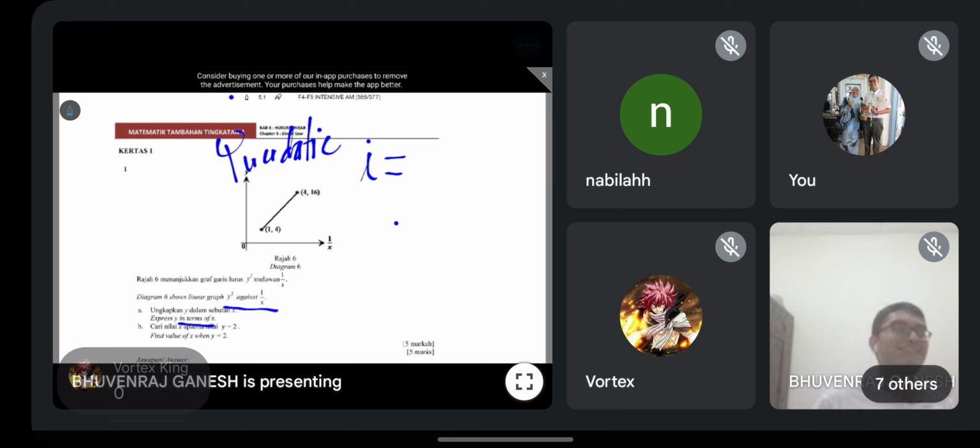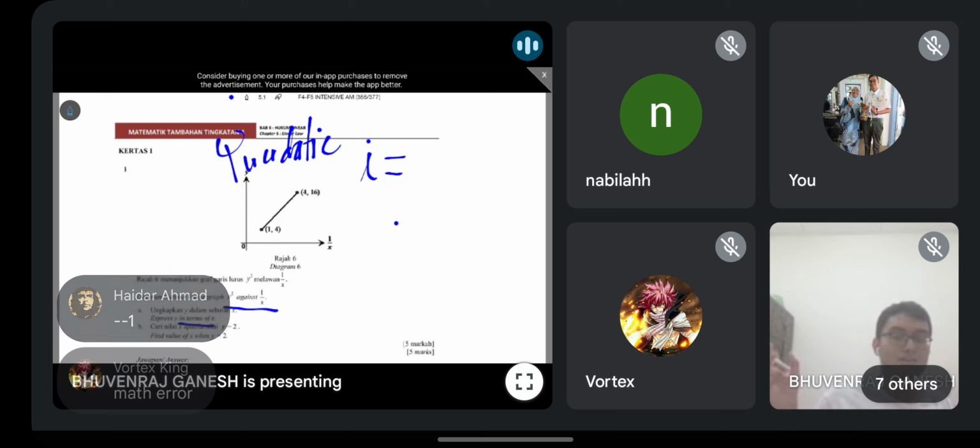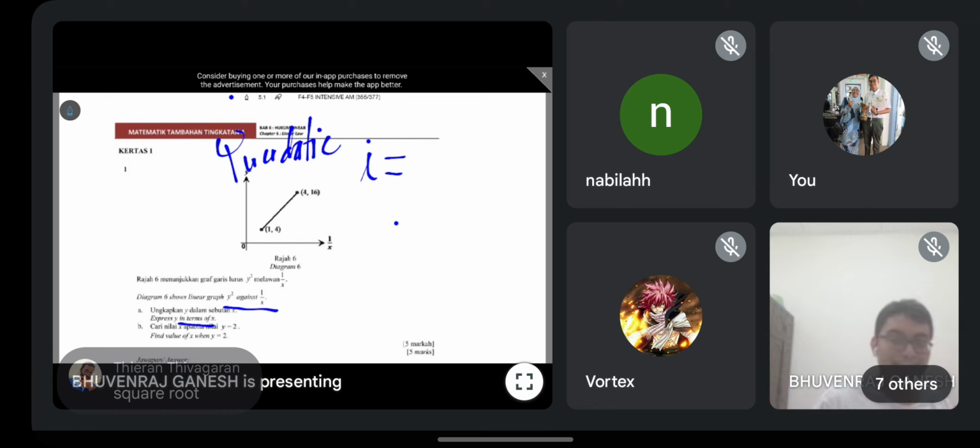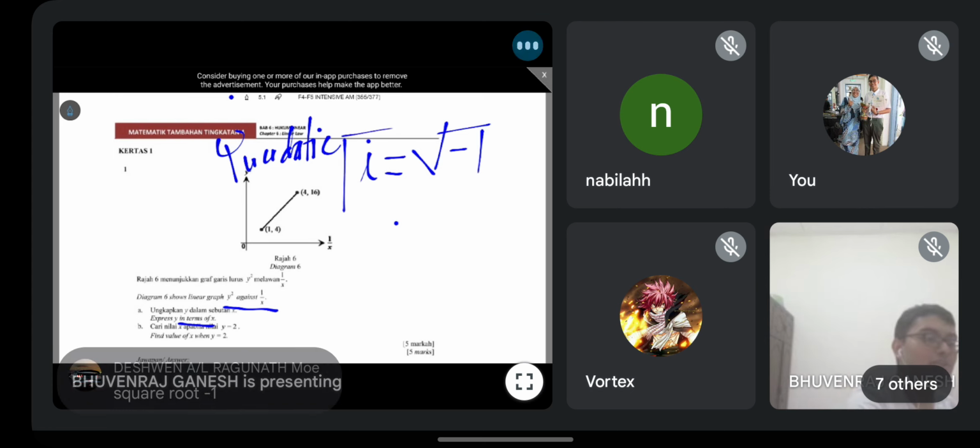Does anyone know? No, Andy, not 0. Yeah, close already, Haida, but you're missing something. There is something to the -1. Of course, math error. But what is the value that caused the math error? Yes, square root -1. Okay, guys, remember the value of i is square root -1.